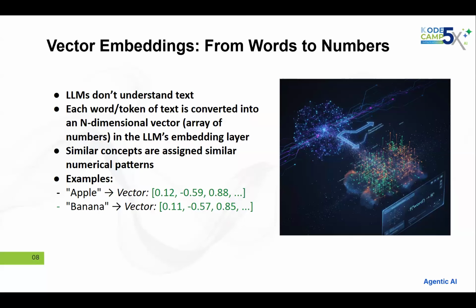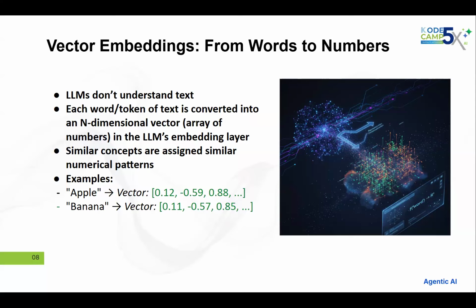With semantic memory, we are going to look at two categories. We'll look at vector-based and knowledge graph-based memories. So to talk about vector-based memory, it's first important to understand vector embeddings.